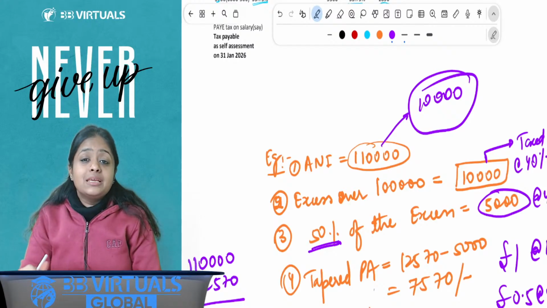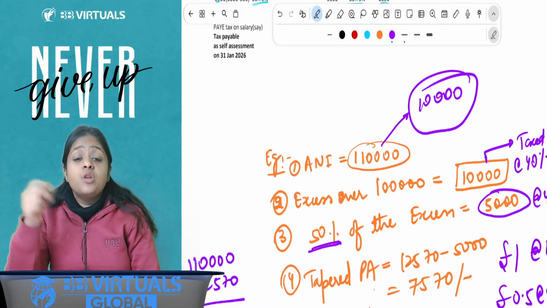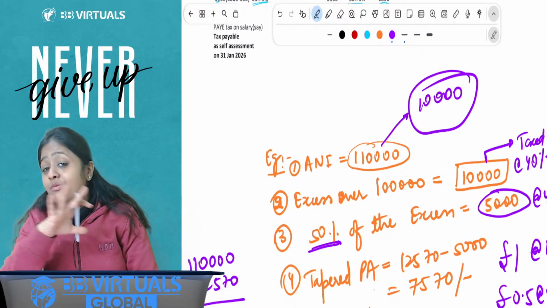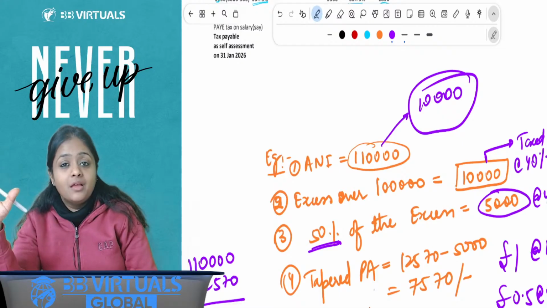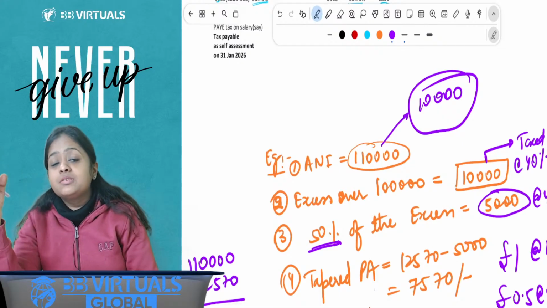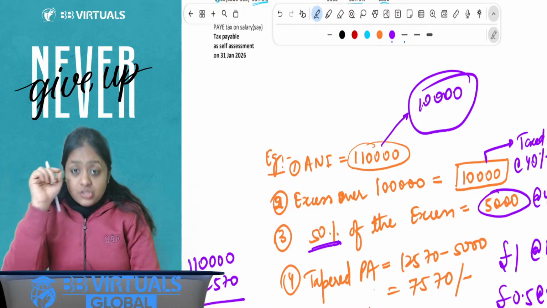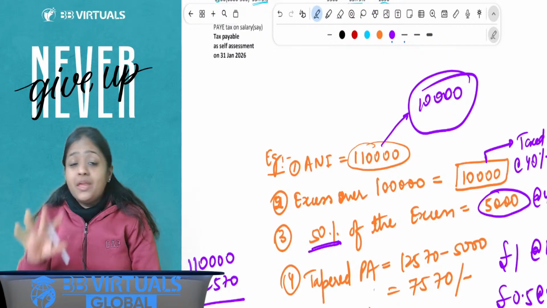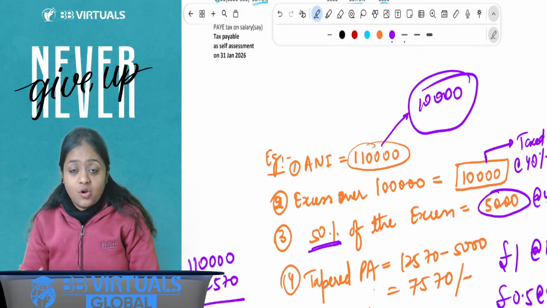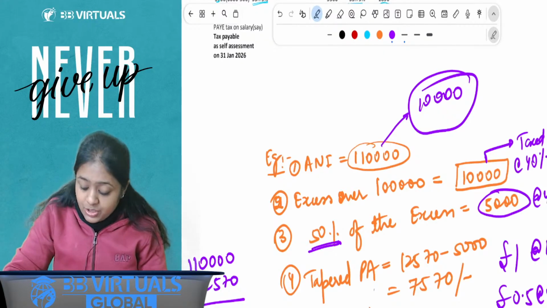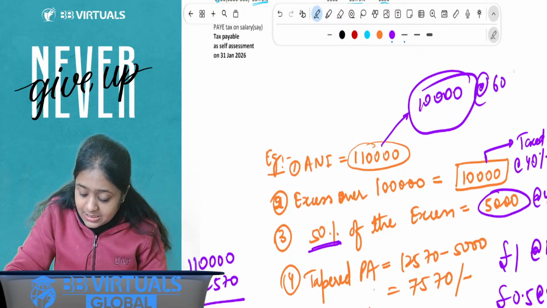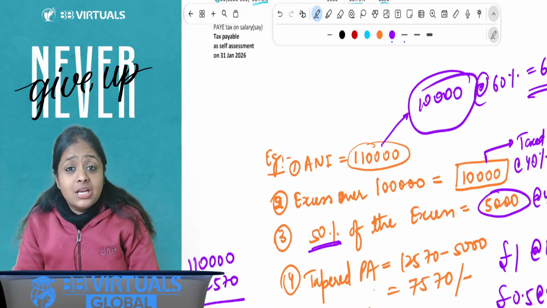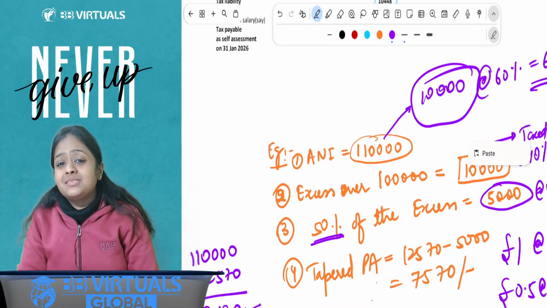If your ANI was still 1 lakh, there was no problem. You would have got full PA. Your problem is only there because ANI has exceeded 1 lakh. So just because there is an excess of 10,000, you are not paying only 4,000 extra as the tax on this 10,000. You are actually paying tax at the rate 60%, which is 6,000. So on this additional 10,000, you are ending up paying 6,000 tax.